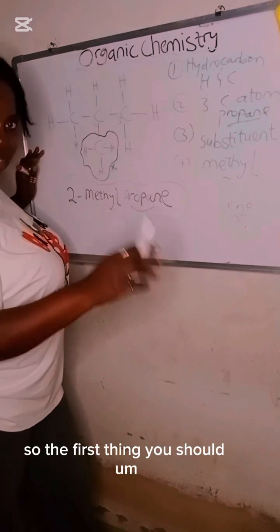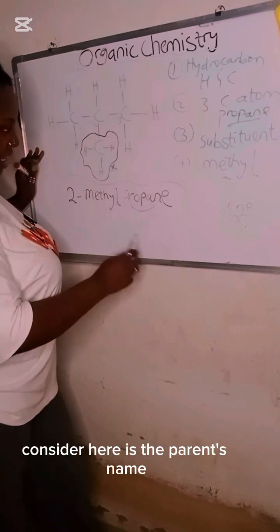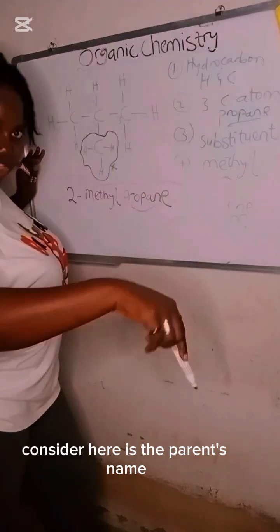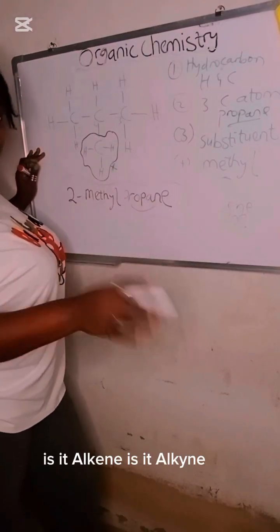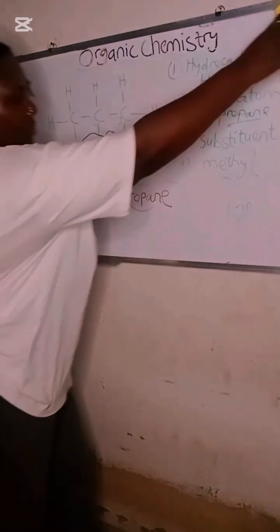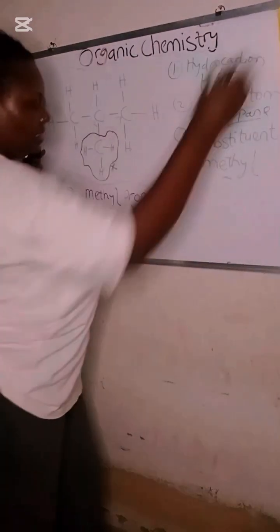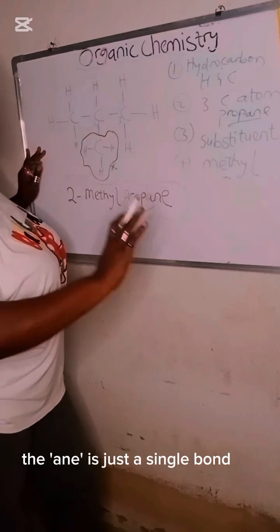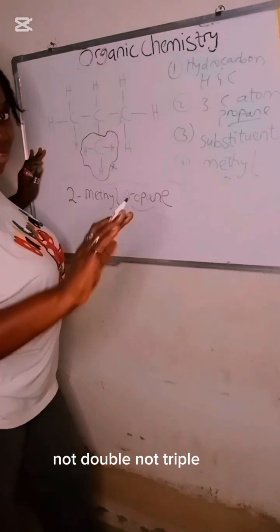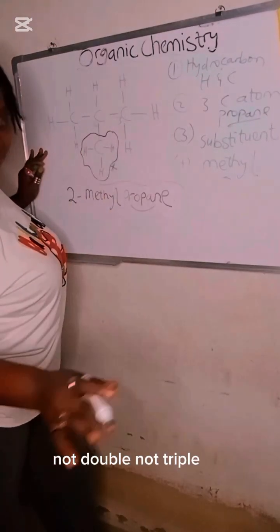So the first thing you should consider here is the parent name, the alkane. Is it an alkane? Is it alkene? Is it alkyne? Because it's an alkane, the ANE is just a single bond, not double, not triple.